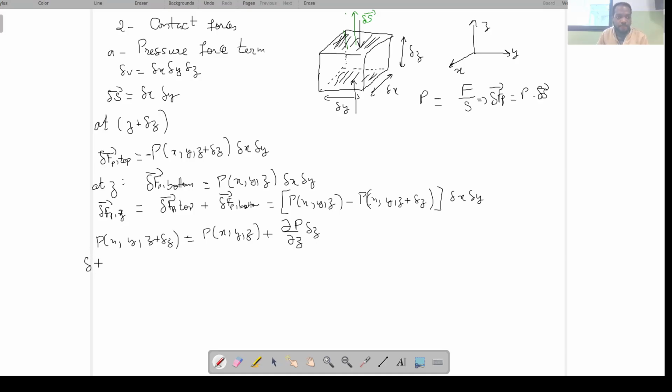Then delta F_P in the Z direction equals delta X delta Y times pressure evaluated at X, Y, Z minus pressure evaluated at X, Y, Z minus partial P over partial Z delta Z.